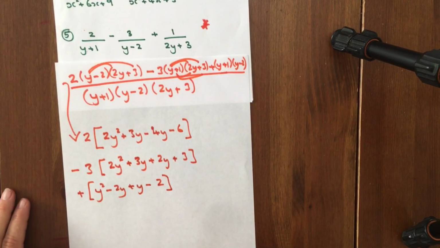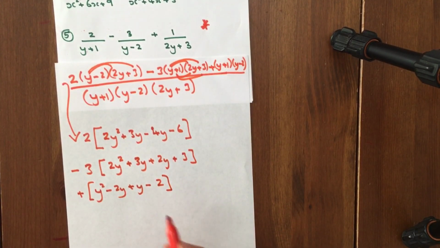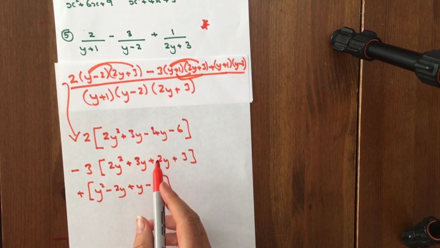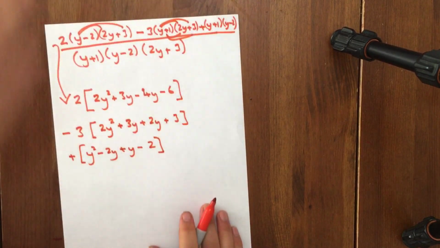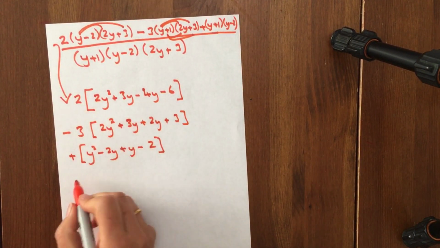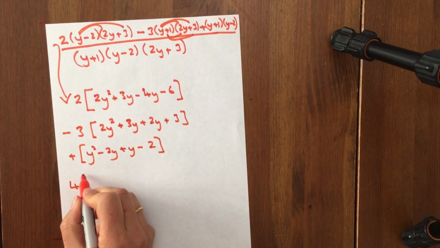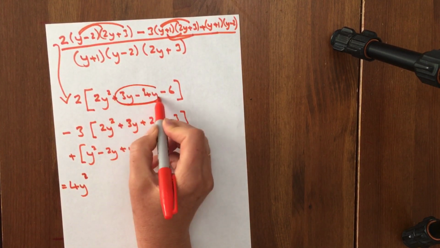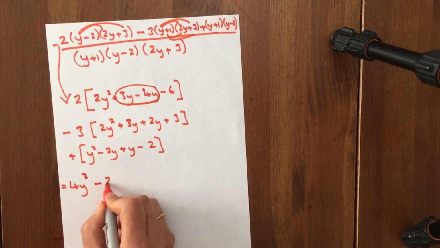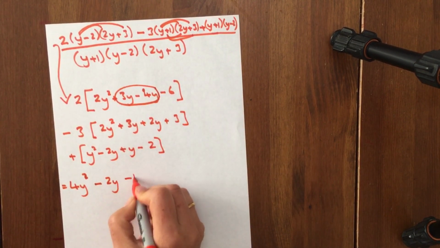Okay, now I'm going to multiply everything out and simplify at the same time. So I've got 2 lots of 2y squared is 4y squared. This just makes minus y, so I've got minus 2y minus 12.